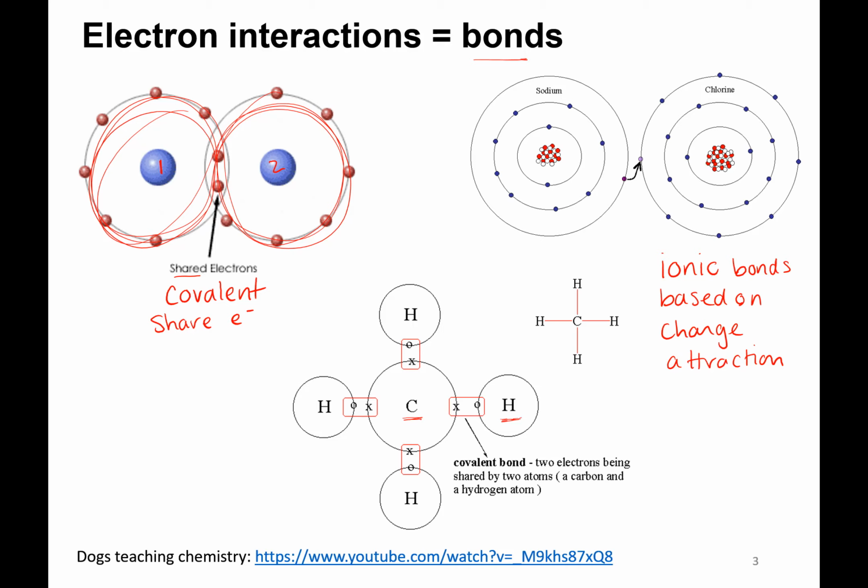The last one that's not on here that we'll talk about are hydrogen bonds. These are the weakest bonds, but totally essential for biology and life, and they are due to partial charge attraction.